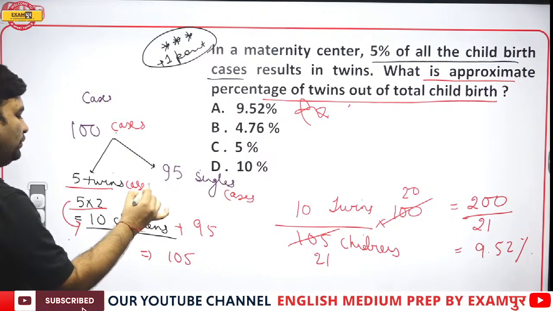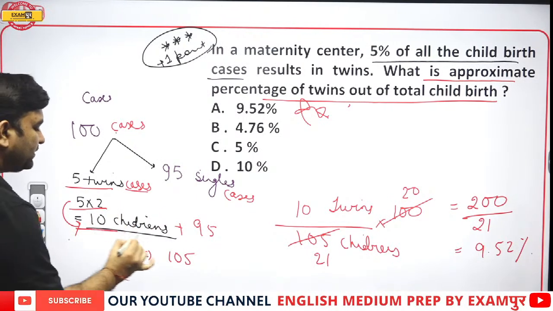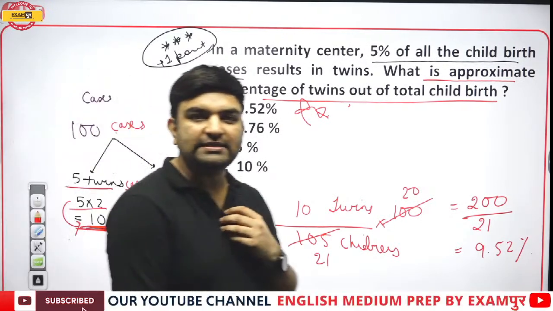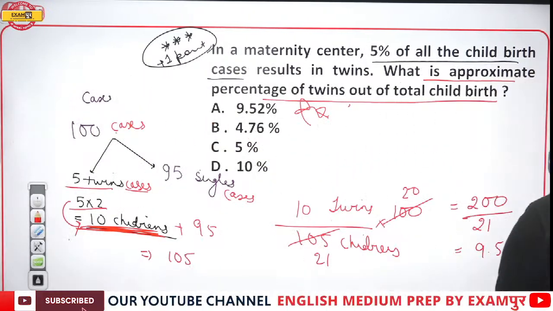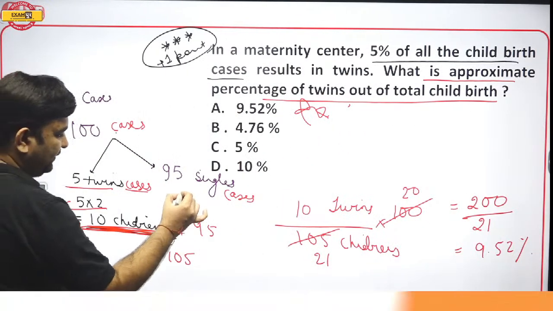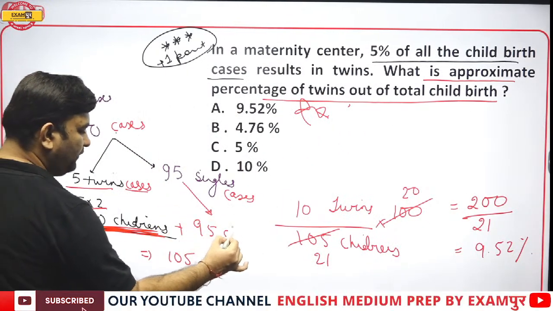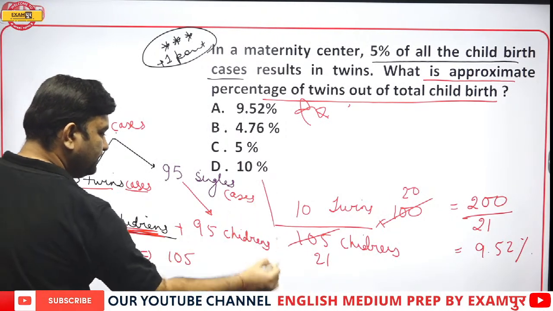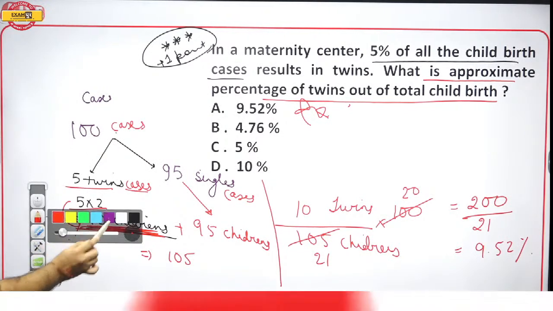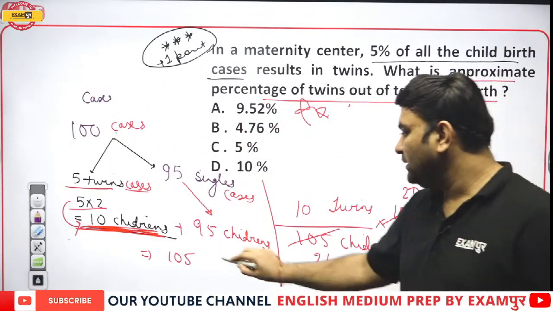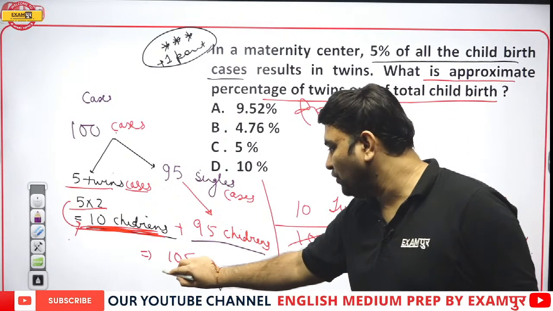In 5 twin cases, there is a worth of 10 children, and in the 95 single cases, there is a worth of 95 children. So there is a total worth of 105 children.